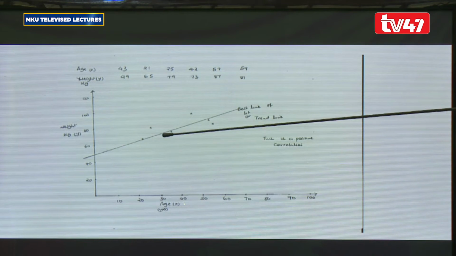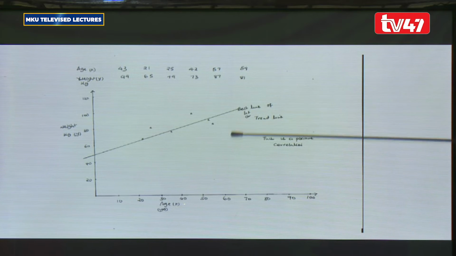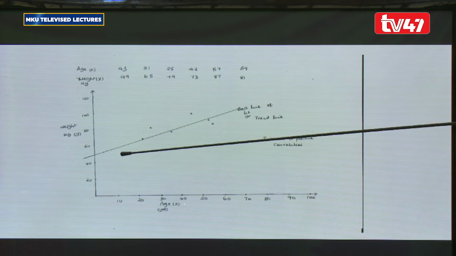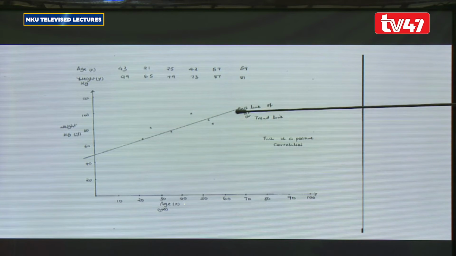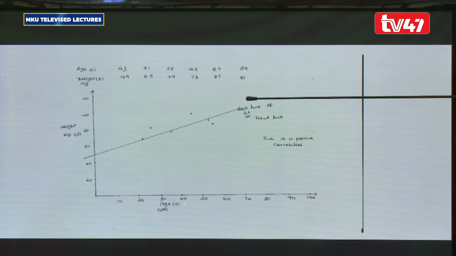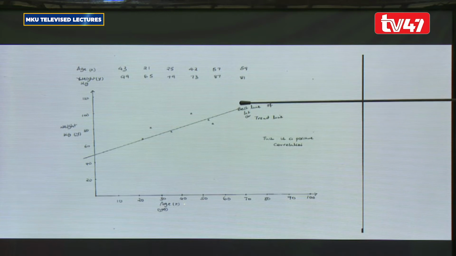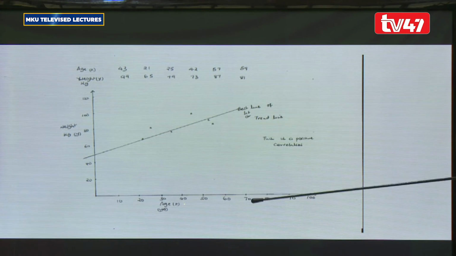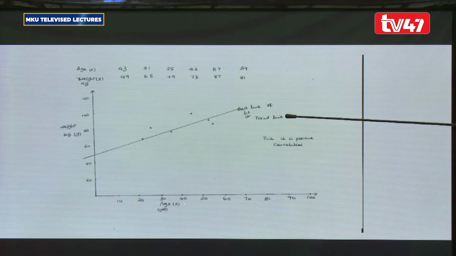So when this line is going up, class, we say it is a positive relationship. And this line that we are generating by drawing the line across the points here, we call it the best line of fit. Some people may call it the trend line.